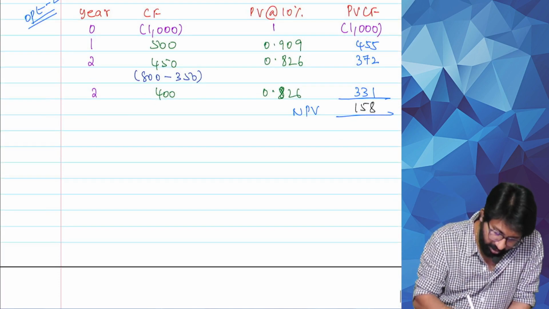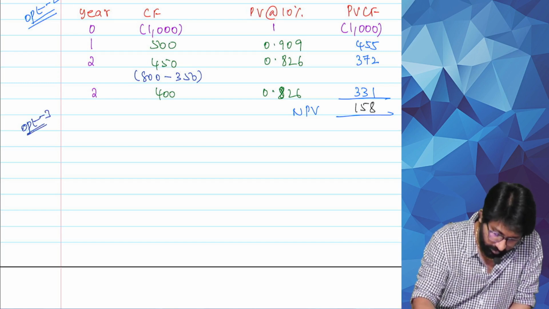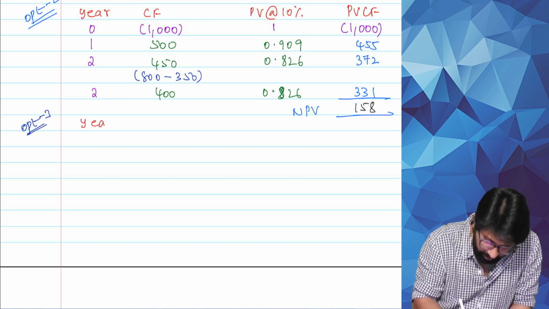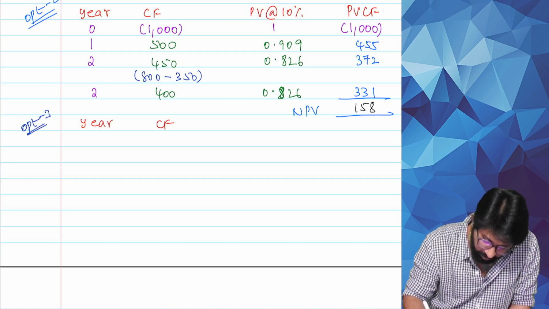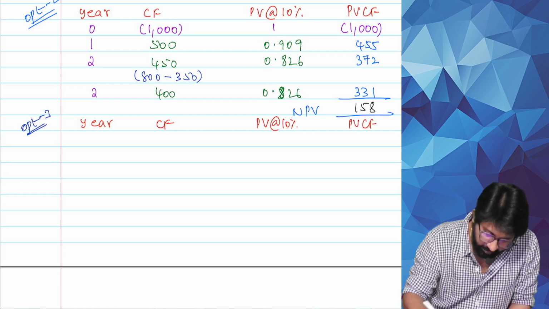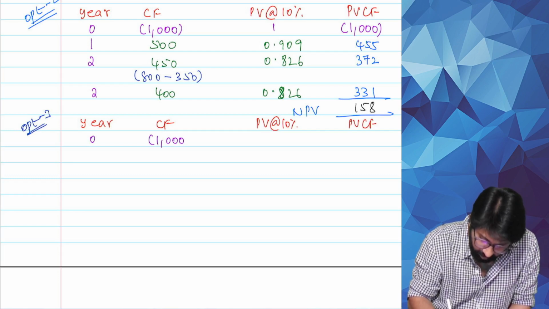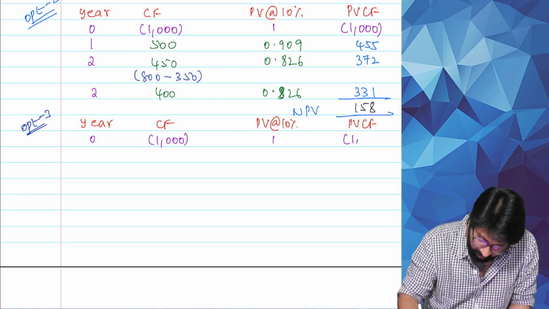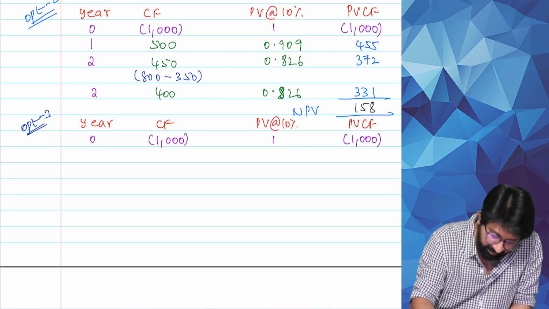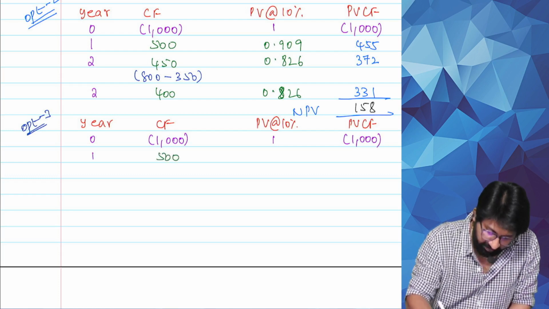Keep the heading option 3. Year, cash flow, PV at the rate of 10%, PVCF. Year 0, 1000. Everyone be careful. What is the first year inflow? 500.